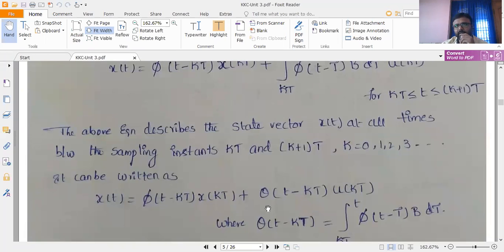For our convenience, we have written the above equation like this.